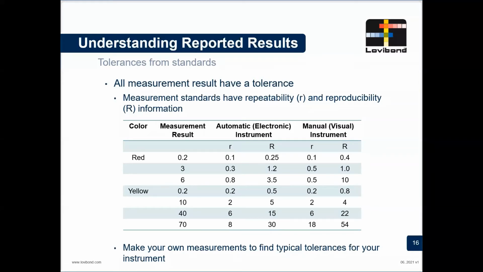If we again look at our reproducibility, we're going to see the value go up with our yellow from 0.5 to 5 to 15 to 30 for our automatic instruments. But if we look at the far right column, we can also see what sort of reproducibilities and repeatabilities we can expect from a visual instrument.